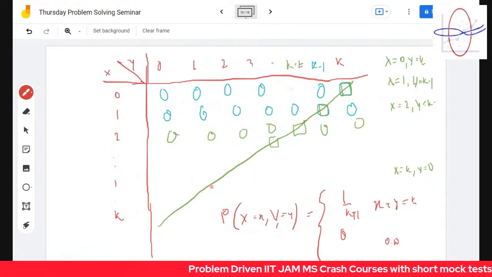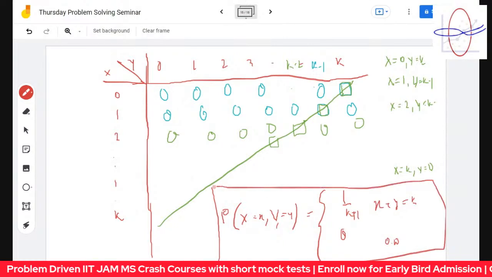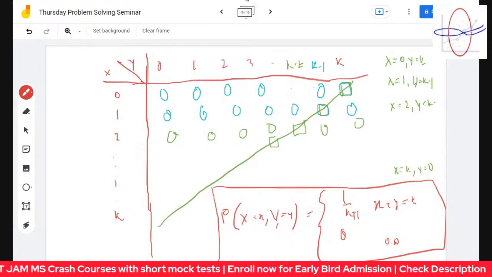Okay, this was also the part you didn't get correct, Nikhil.